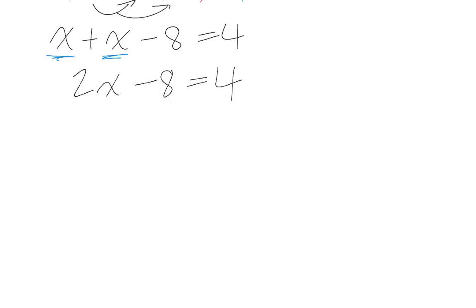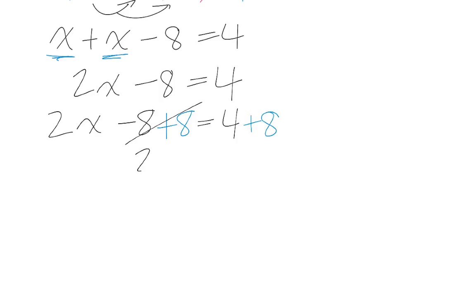Remember, you want to isolate x. However, x is stuck with a multiply by 2 and a subtract 8. We want to get rid of the subtract 8 first, so I'm going to add 8 to both sides. Negative 8 plus 8 cancels out, which leaves me with just 2x, and 4 plus 8 is 12.